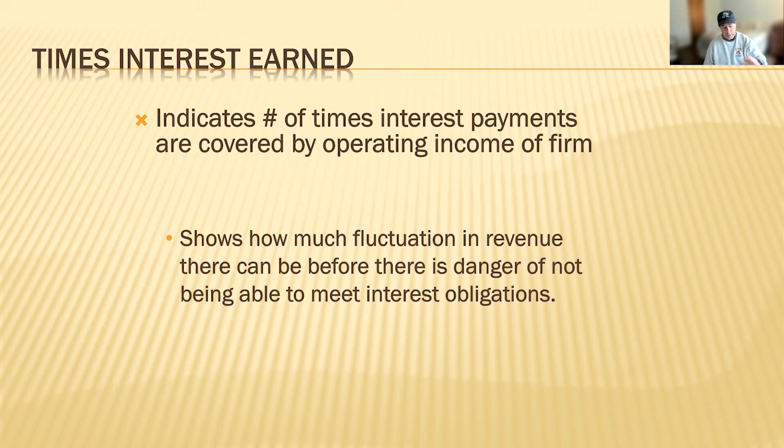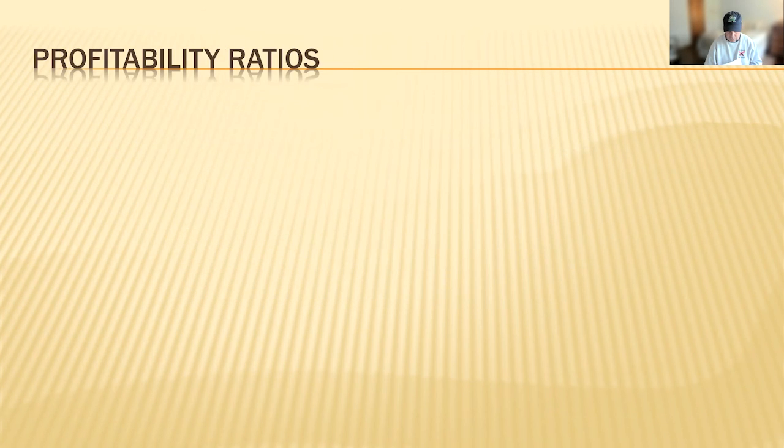So it should be something, of course, greater than one, but it gives you the calculation to figure out whether or not you can cover your short-term debt. And if you don't have any debt, then maybe your interest payments are very little. But if you do, then it's worth looking at.